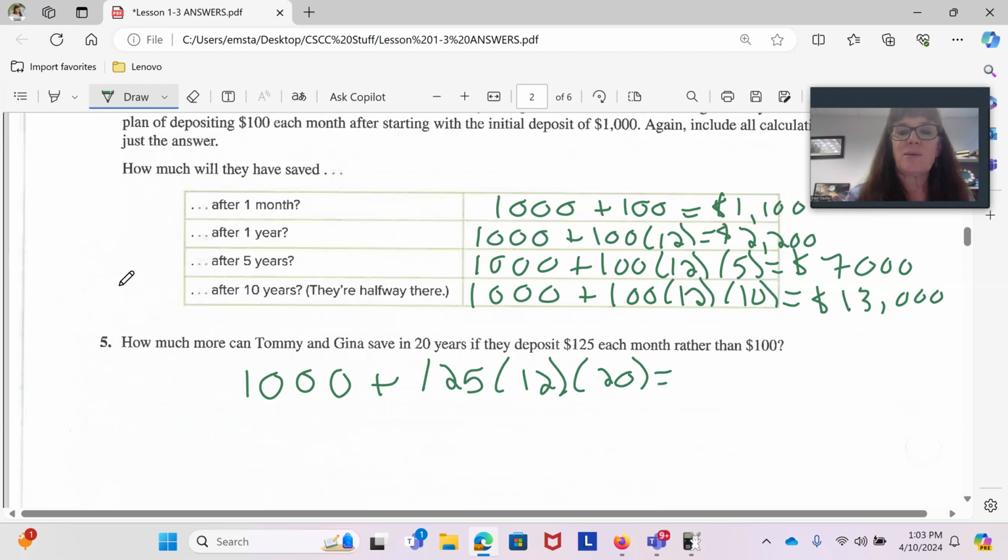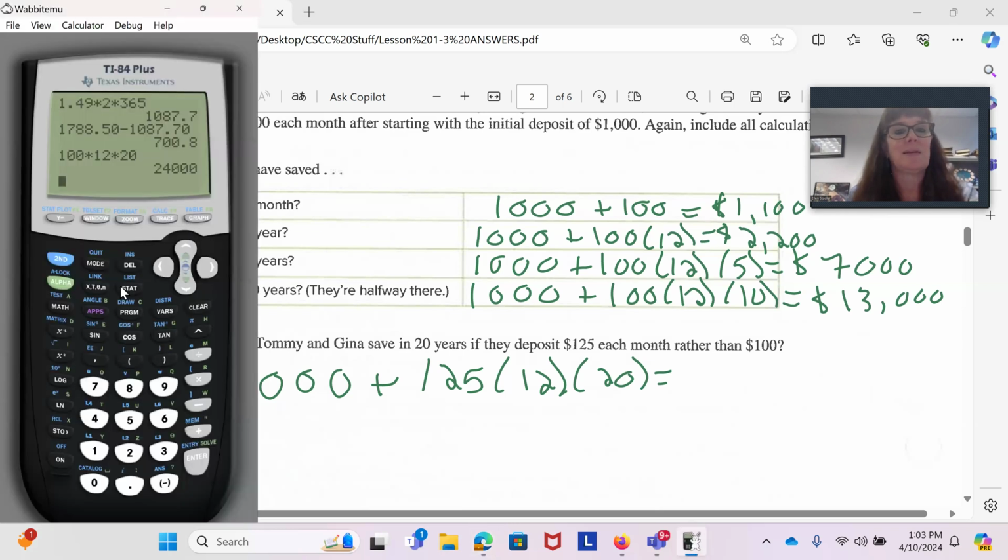Let's go ahead and practice that one in our calculator. So I'm going to take my $1,000 initial deposit plus $125 per month, and then for 20 years.